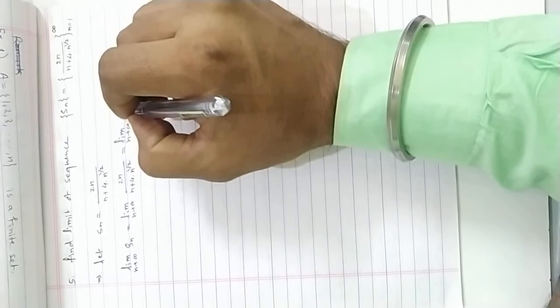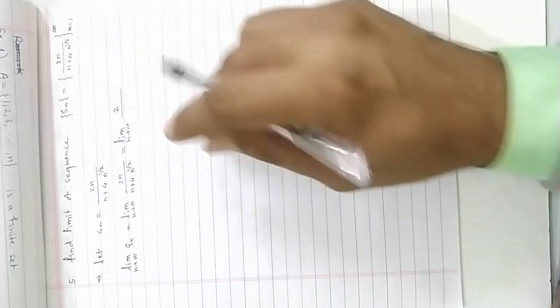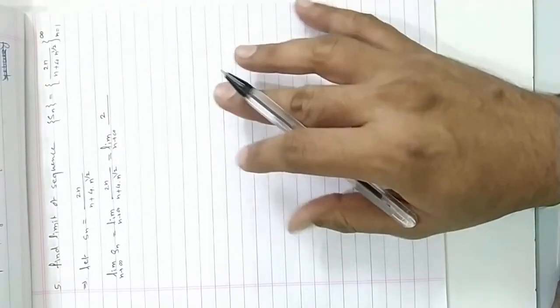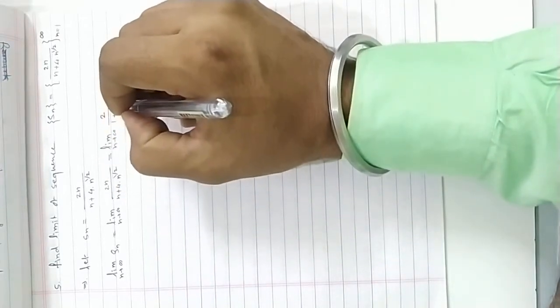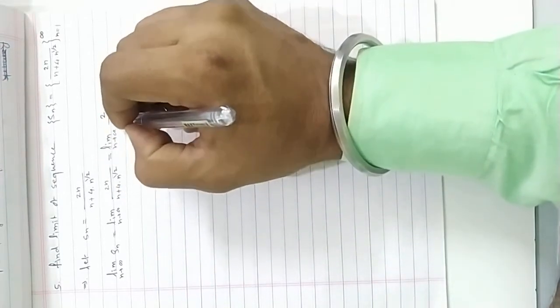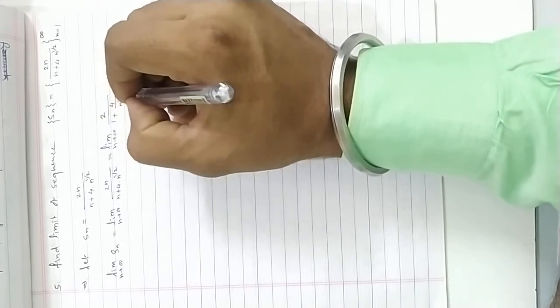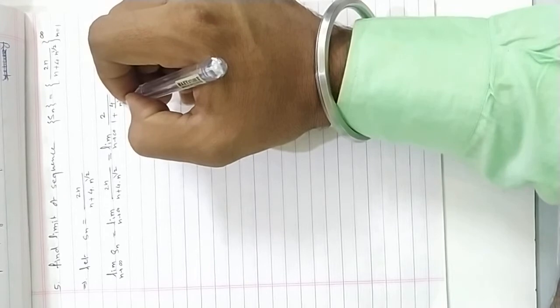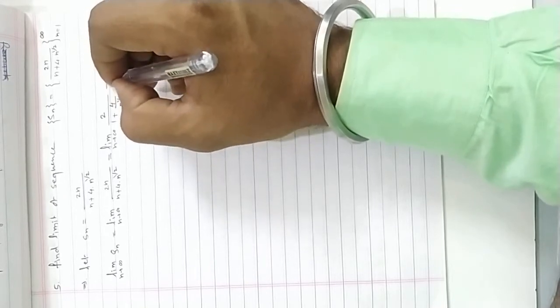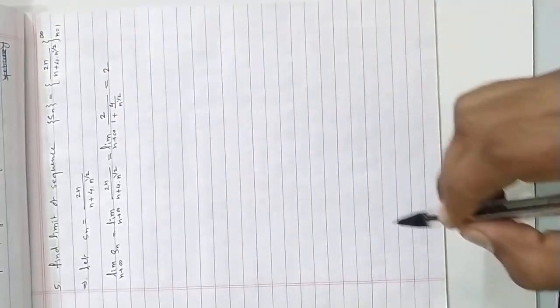So in the numerator I will have 2, and in the denominator I will have 1 plus 4 upon n raised to half. And as n tends to infinity, n raised to half in the denominator tends to 0. So the limit will be 2.